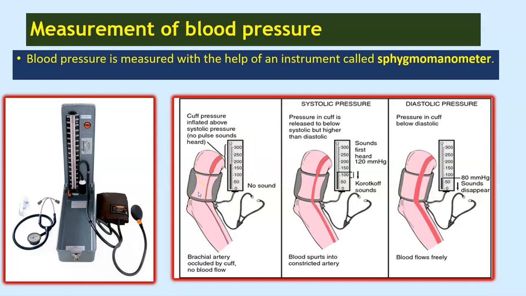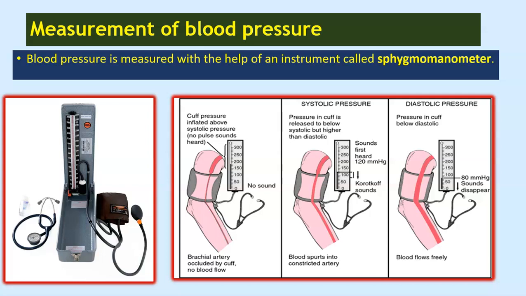The cuff is inflated till the brachial artery is blocked due to external pressure. The pressure is then slowly lowered till the first pulsatile sound is heard. At this moment, the pressure indicated in the manometer is the systolic pressure.